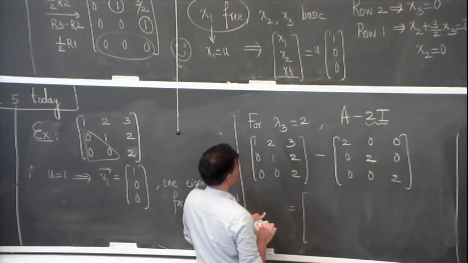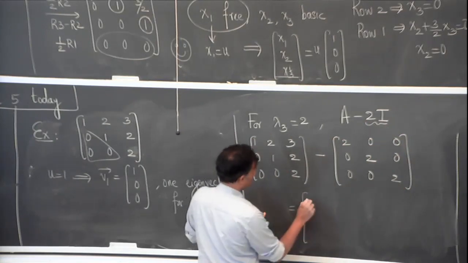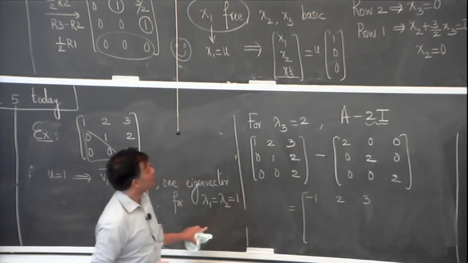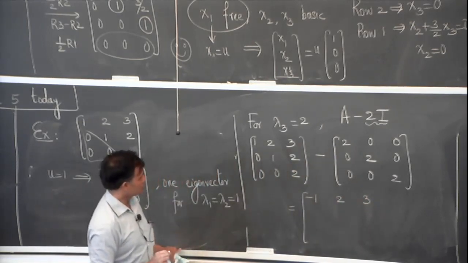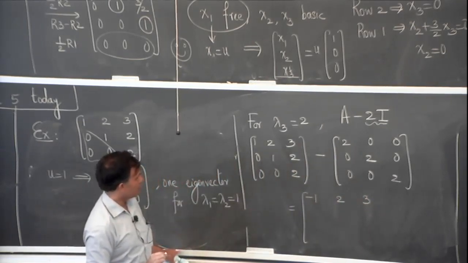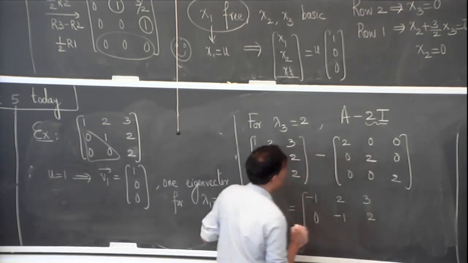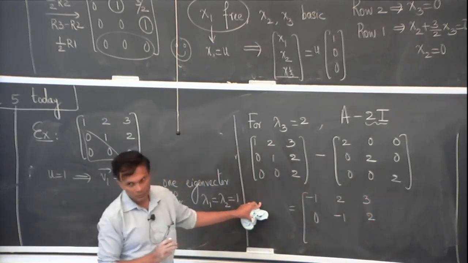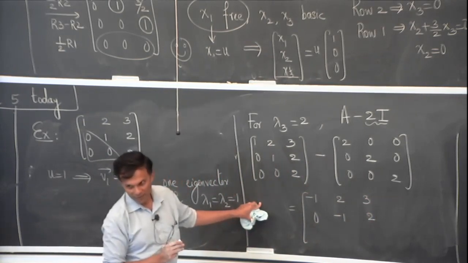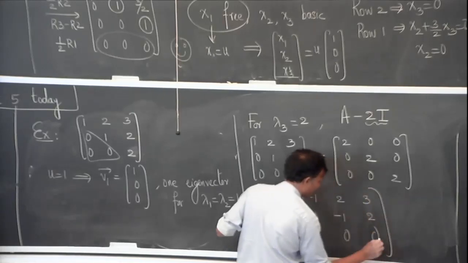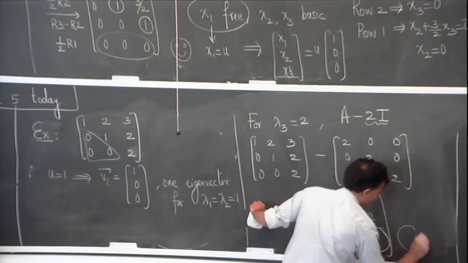And so that is negative 1, 2, 3. The second row gives you 0, negative 1, 2. And the third one gives you happy face, 0, 0, 0. Nothing makes me more happy than seeing this.